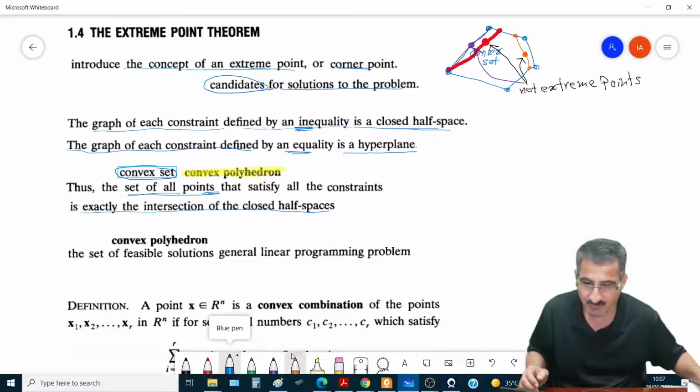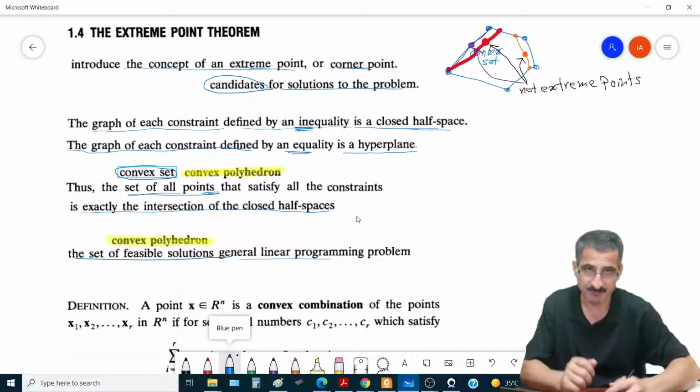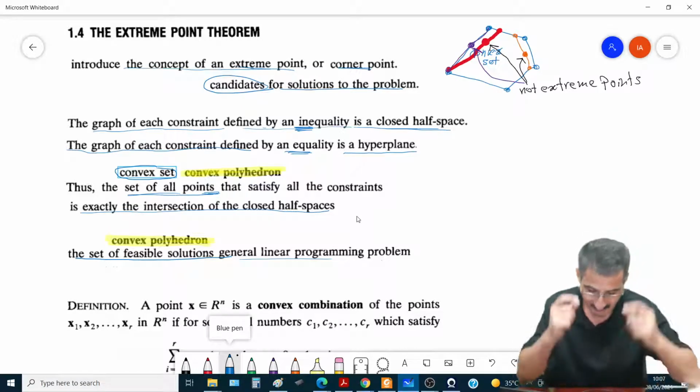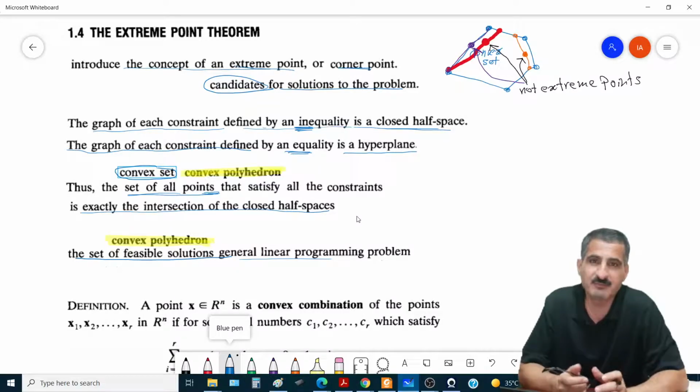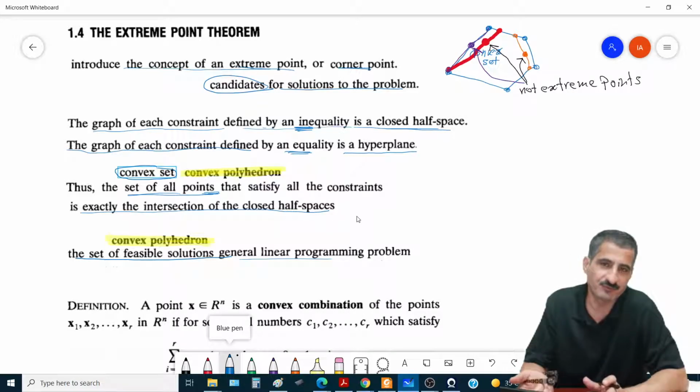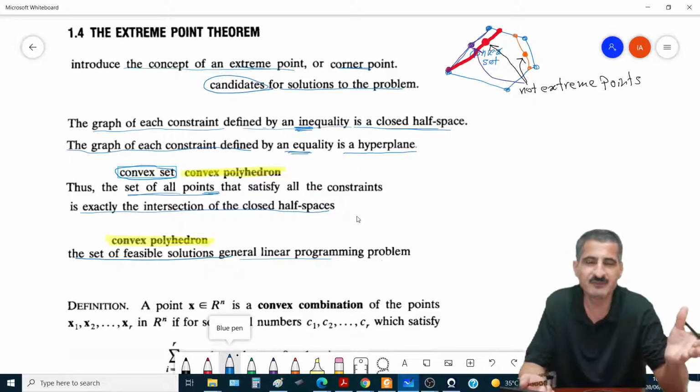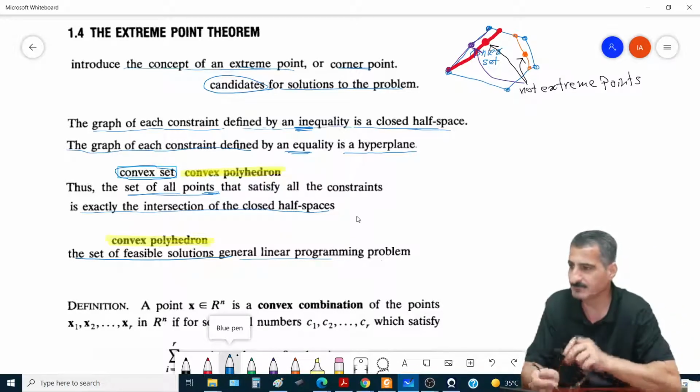So we define the convex polyhedron: it is the set of feasible solutions for a linear programming problem. We talked about the set of feasible solutions before, but we will give that set a new name, convex polyhedron.